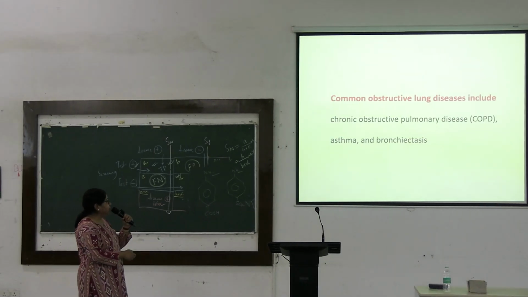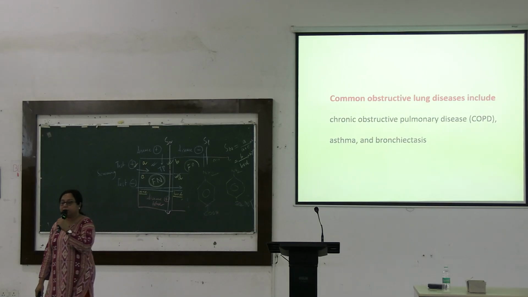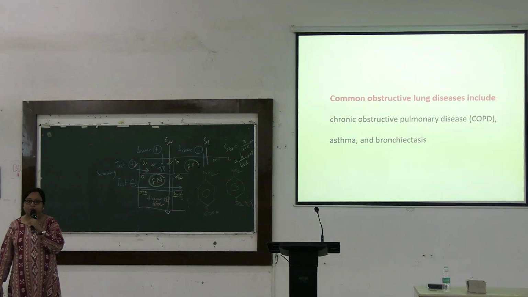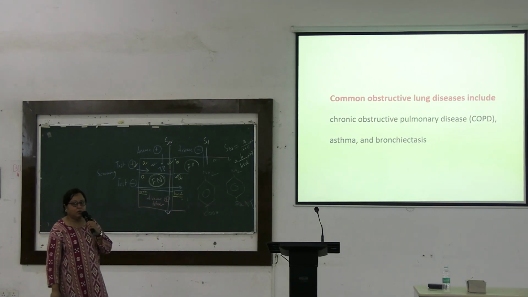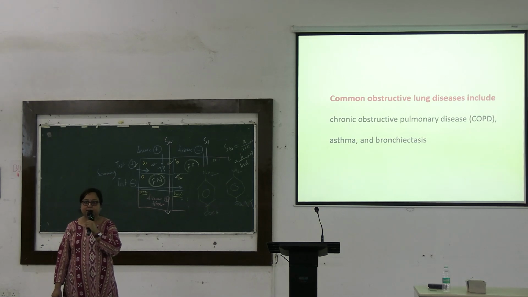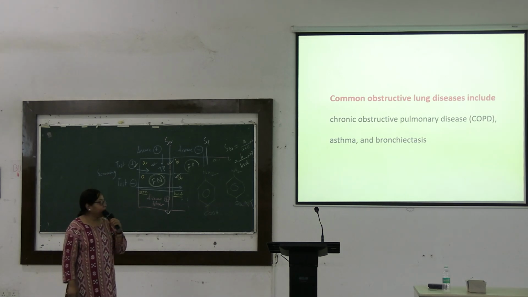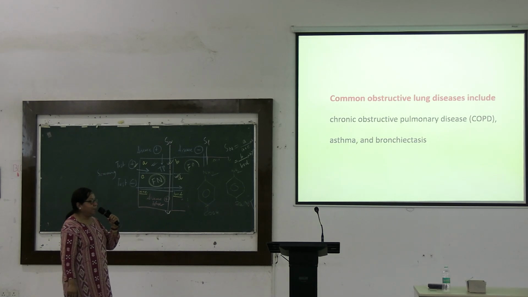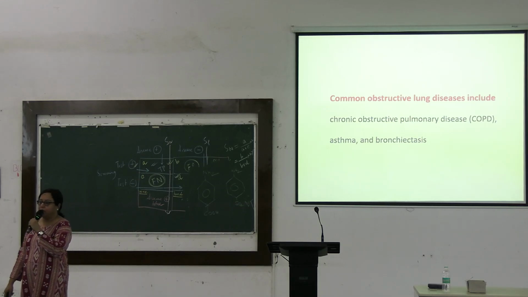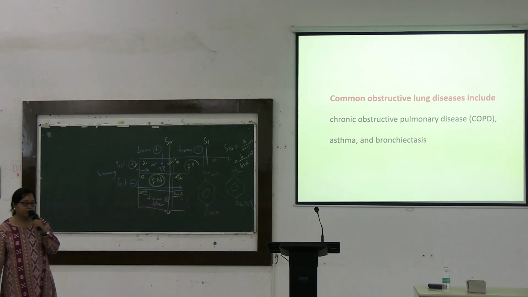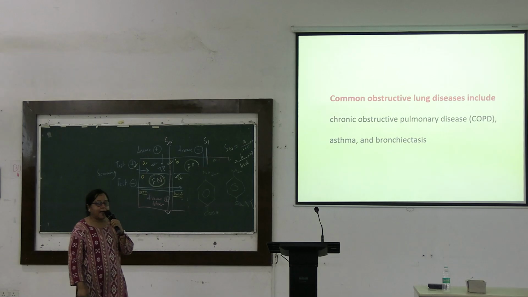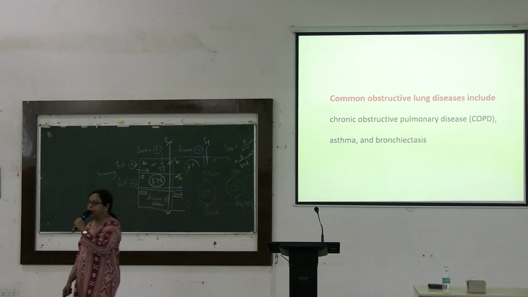Now we will discuss only obstructive lung diseases today. You must know that obstructive lung diseases are of three types. One is COPD, which is very common. You have heard the term chronic obstructive pulmonary disease. The others are asthma and bronchiectasis.